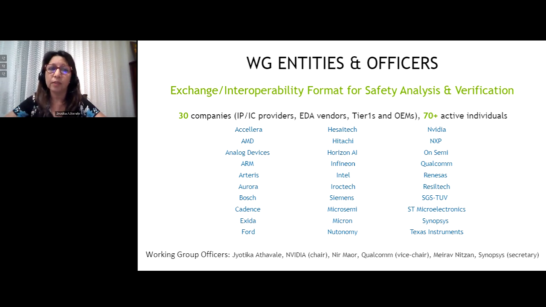So a mix of all of these different entities across the value chain participate in our working group, with more than 70 active individuals participating. In terms of the working group officers, besides myself, there is Nir Maur, who is the vice chair, and Merav Nitsan from Synopsys, who serves as secretary.